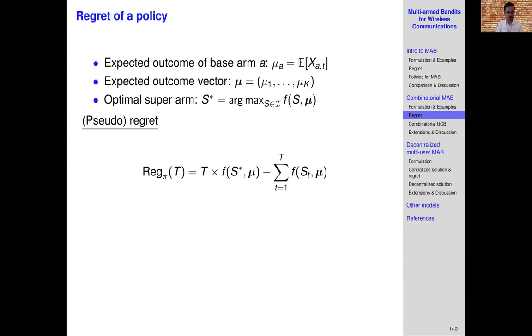The regret of a policy is the difference between the cumulative reward obtained by always selecting the optimal superarm and the cumulative reward obtained by the superarms selected by the learner. And we know that maximizing the expected cumulative reward in a combinatorial bandit is equal to minimizing the regret.